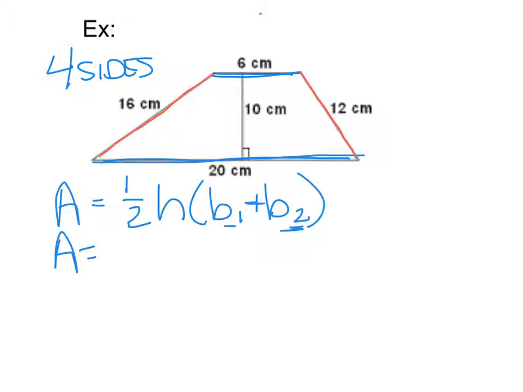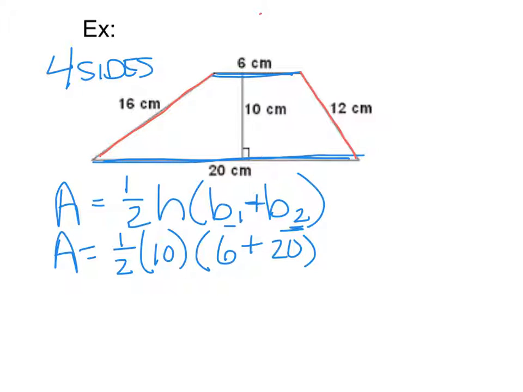We can number them. So we're going to take the letters out and put numbers in their place. So we have 1/2 times the height, which is 10, times the first base, which, since it's on top, I'll just use the 6, and the second base would be the 20.